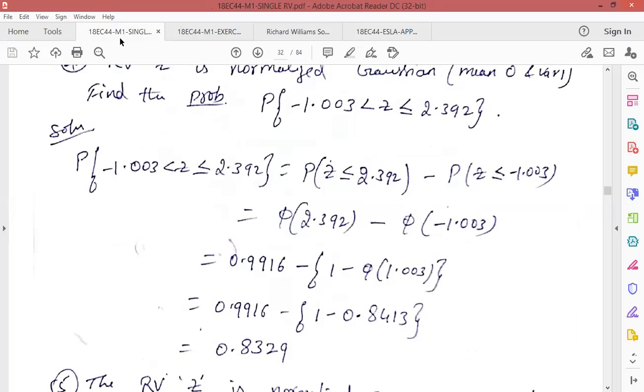For 2.392, take the 2.39 value and solve directly, no issues. Yes, what is the answer?